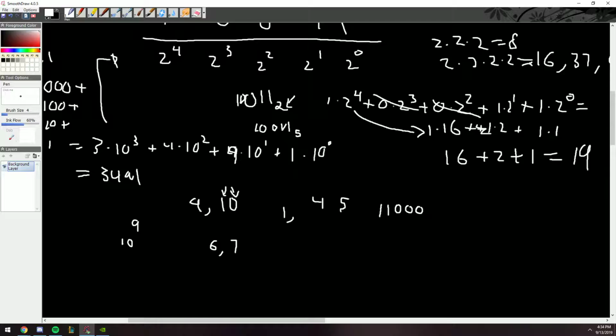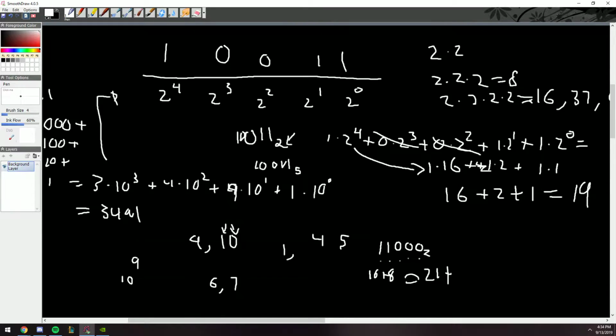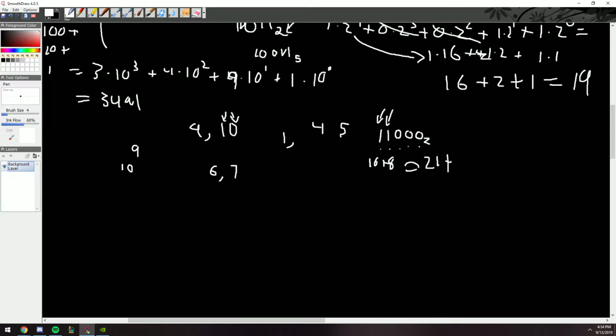So in this case, this is going to be 2 to the 0, 2 to the 1, 2 to the 2, 2 to the 3, which is 8, and then 2 to the 4 is 16. So this number right here, oh sorry, I forgot my 2, is equal to 24. Because remember, you just add these two together. And you may wonder, how did you know the values of these so quickly? That's just because when you mess with binary, you get pretty familiar with simple numbers.